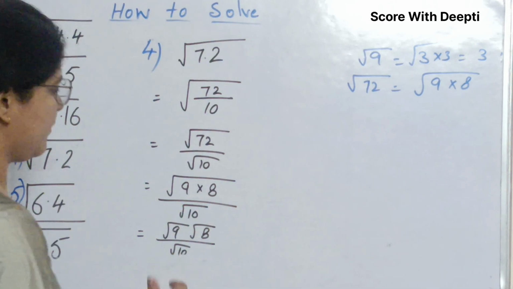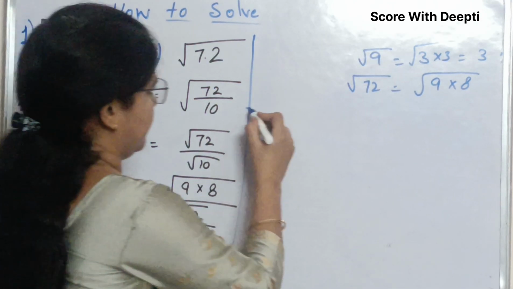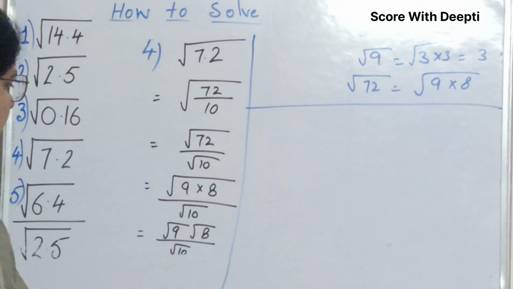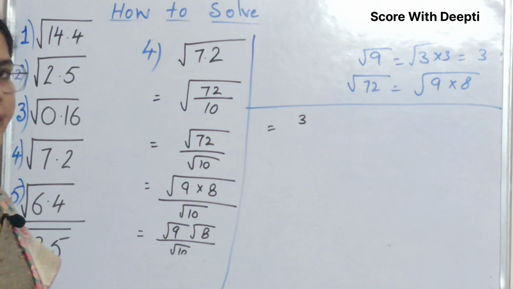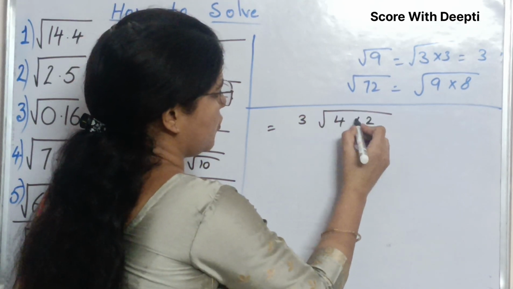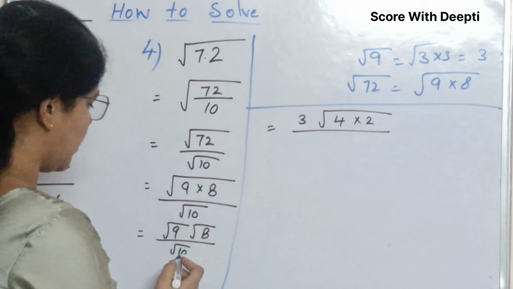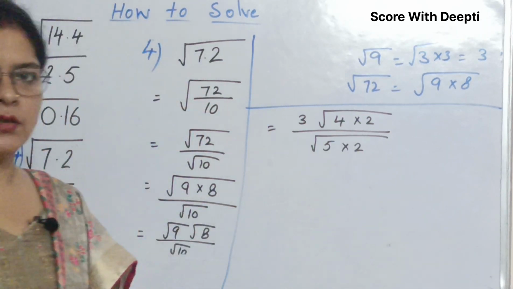So in place of square root 9 we write 3, and square root 8 can be written as square root 4 into 2, and square root 10 can be written as square root 5 into 2.